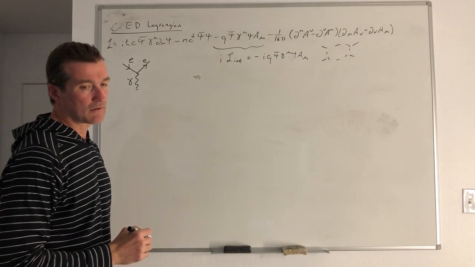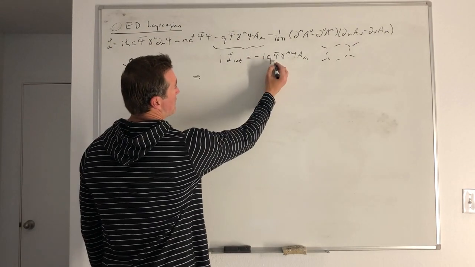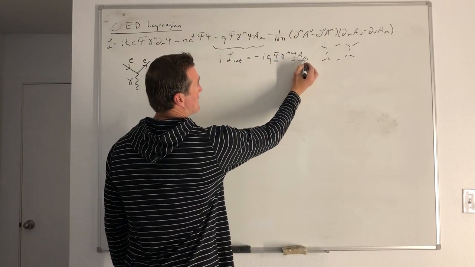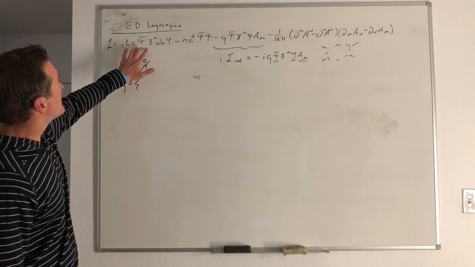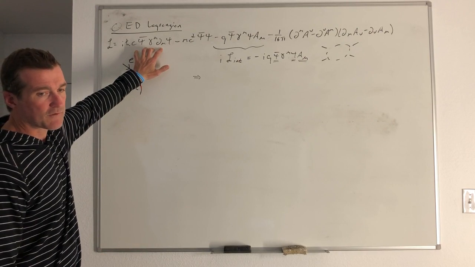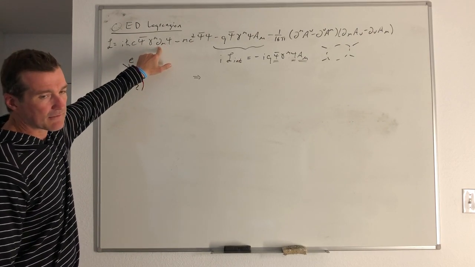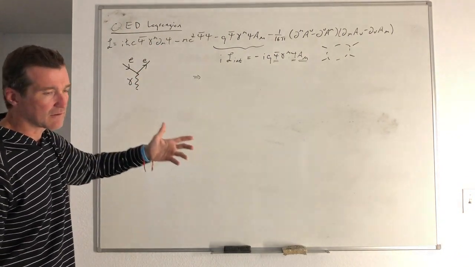Okay, so I would say that psi bar is a field, psi is a field, and A mu is a field. If you look up here, this is a kinetic term for the spinors, psi and psi bar. So psi and psi bar are fields. D mu is just a derivative operator acting on it, and gamma mu is just a gamma matrix. It's not a field.